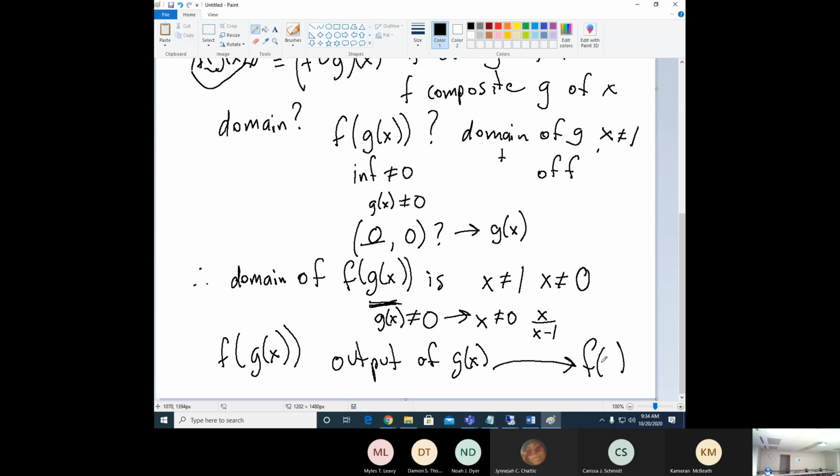That's what becomes the input into the function f, the output of g. So what's another term for the output of g? It's the range. The range of g.